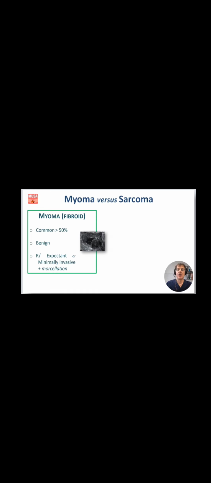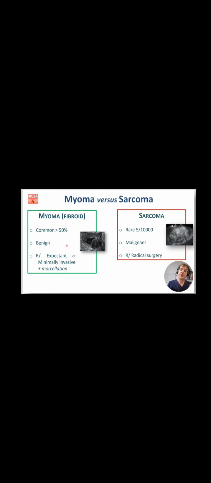Good morning. I'll say some words about imaging uterine fibroids and about the problem of spotting sarcomas. When talking about fibroids and sarcomas, we have to know that fibroids are very common. More than 50% around the menopausal age will have some fibroid somewhere.